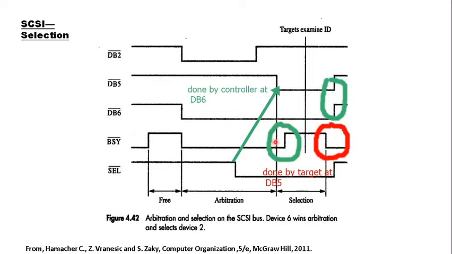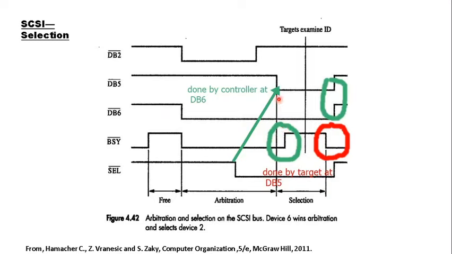Okay, after some time DB5 is activated. Once again note that select is turned on, so whom are we going to select? DB5 is selected. Once DB5's name is put, the BC signal is turned off by DB6, to get a response from DB5.